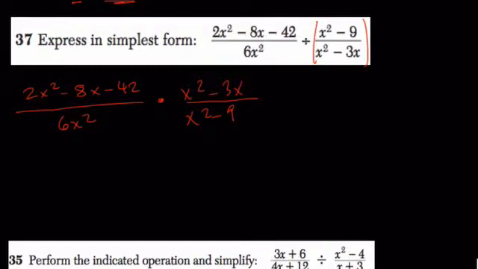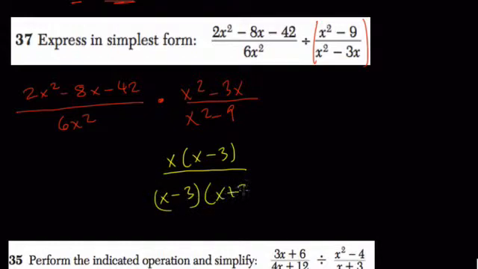I like these problems because they're just structured to cancel out before you have to actually do any crazy multiplication. So on the right-hand side, we have x squared minus 3x that can be factored into x times x minus 3. And the denominator, that's the difference of two squares, so it's x minus 3 times x plus 3.